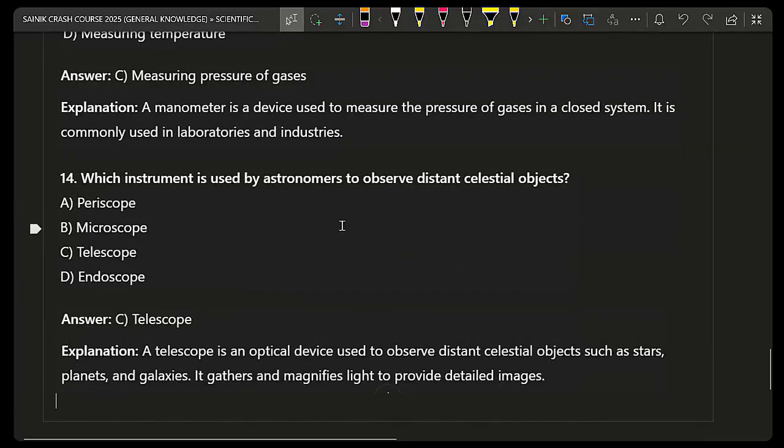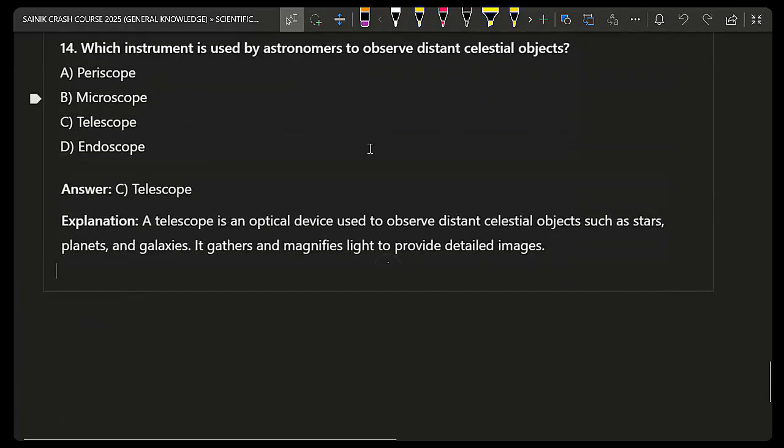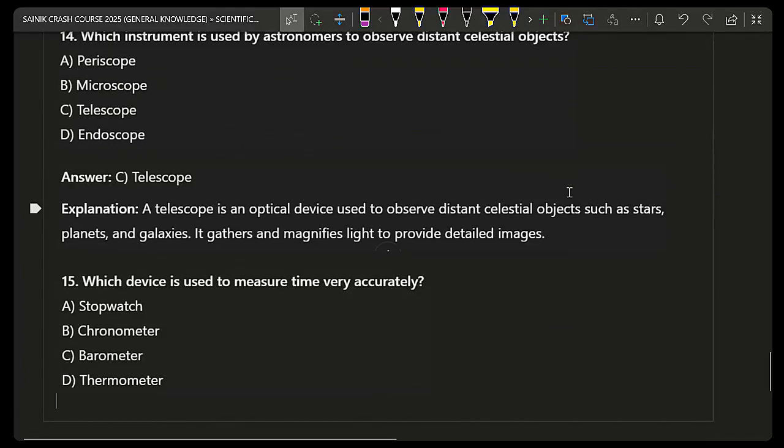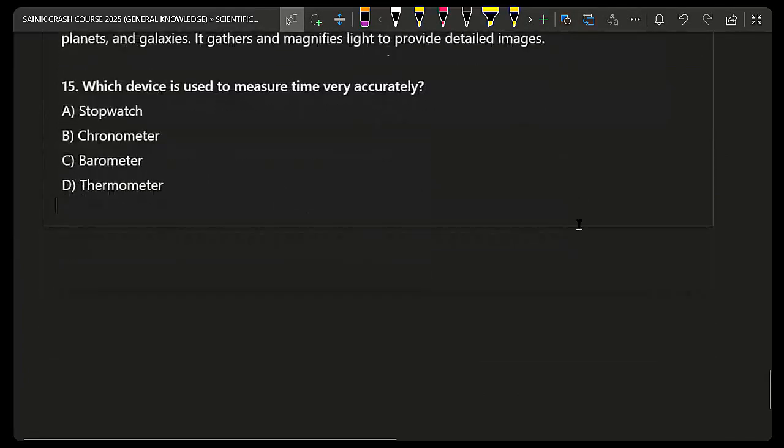A telescope is an optical device used to observe distant celestial objects such as stars, planets, and galaxies. It gathers and magnifies light to provide detailed images. Next question. Which device is used to measure time very accurately?